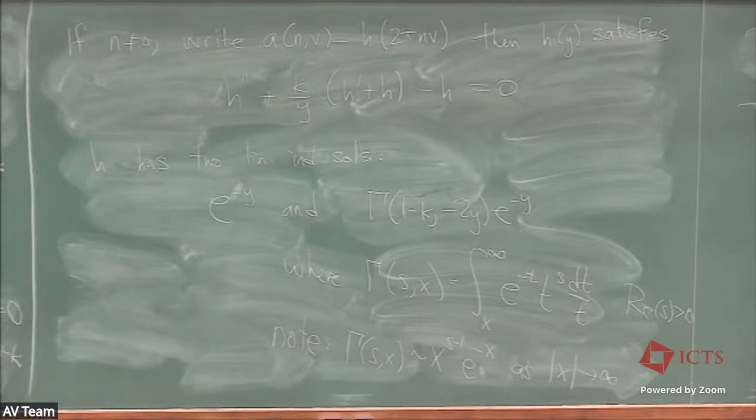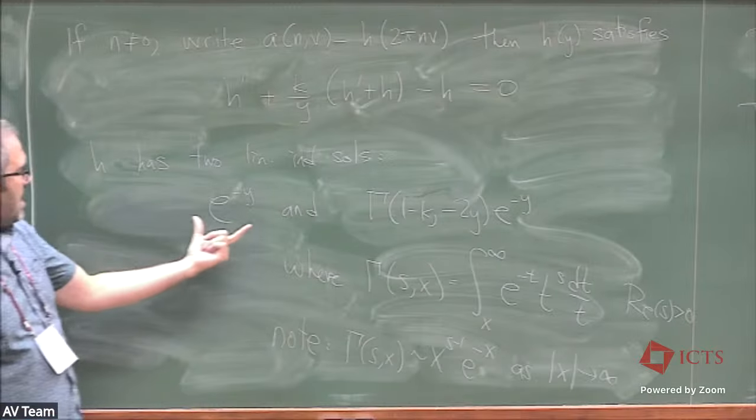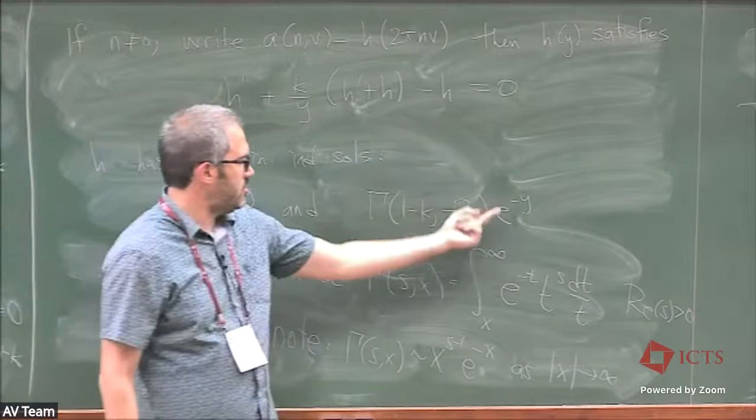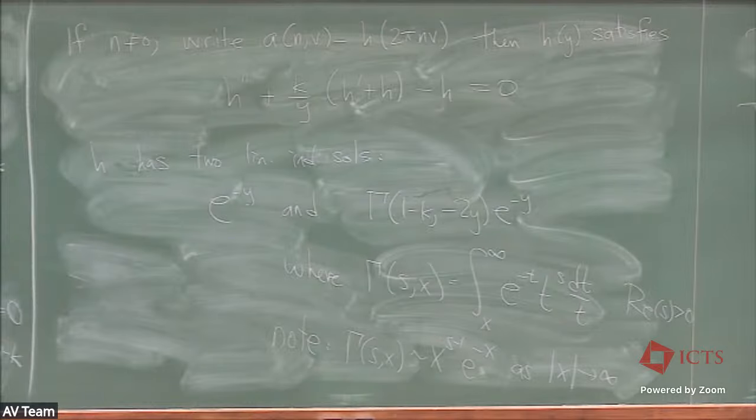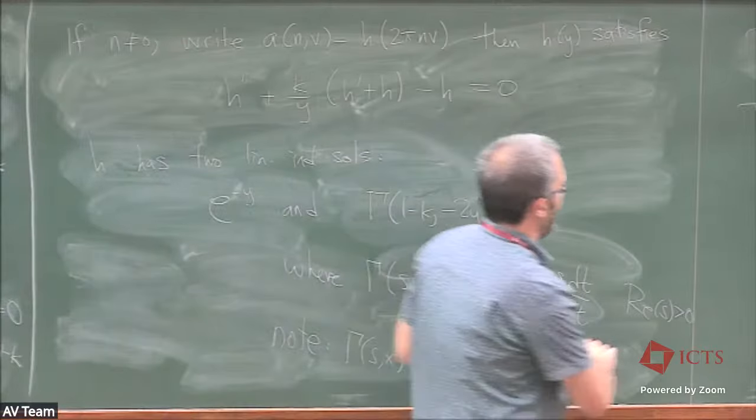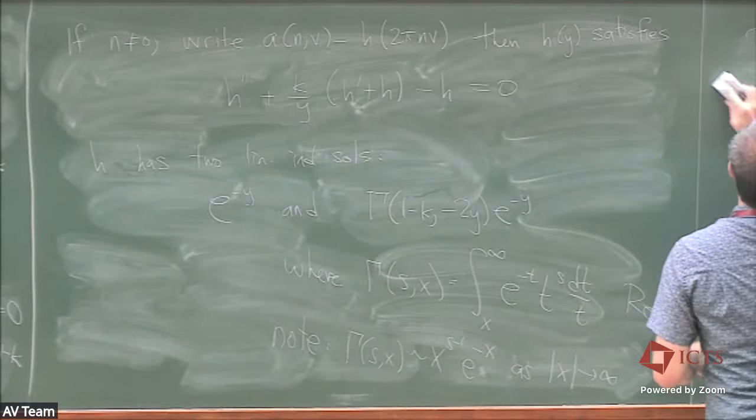So this sum is now going to split into two sums based on which solution we use: a sum that involves these and a sum that involves these. Based on this asymptotic, what it's basically saying is that on the e^(-y) side, we can't have the n's go all the way to negative infinity. And on the gamma side, we can't have all the n's go all the way to positive infinity. I'm going to write that down, but that's the idea of what's going to happen.